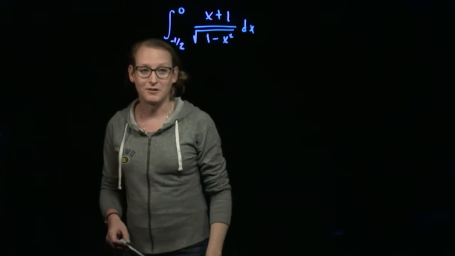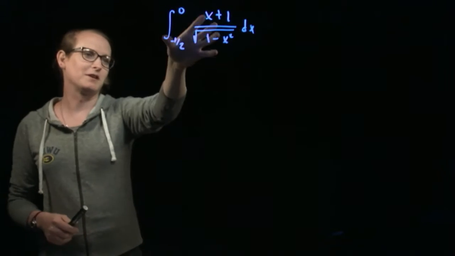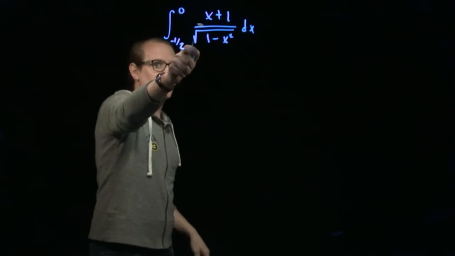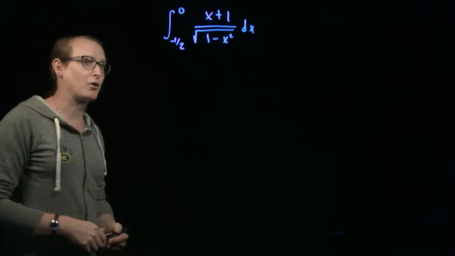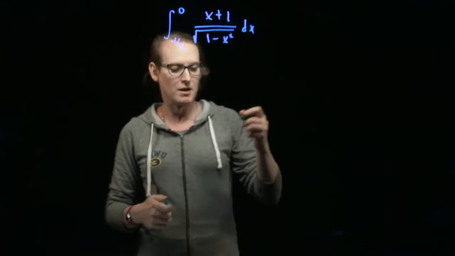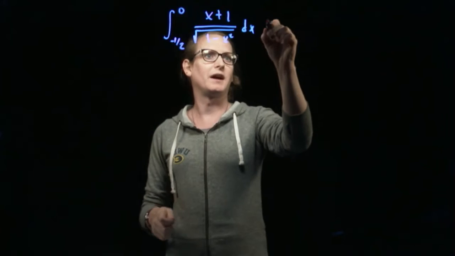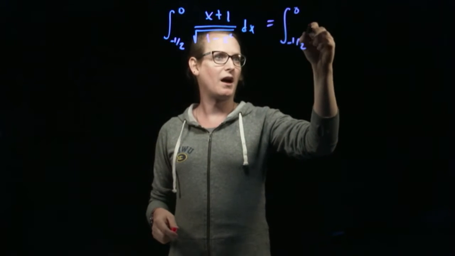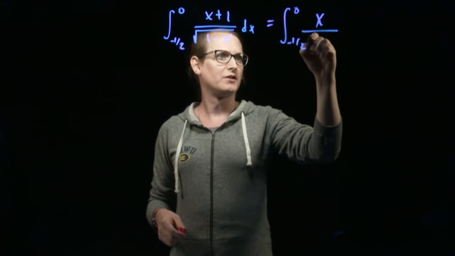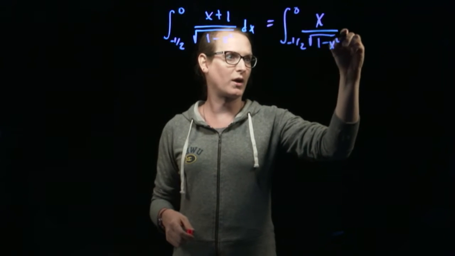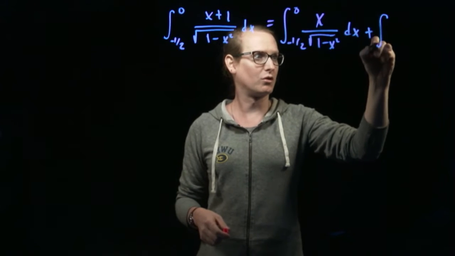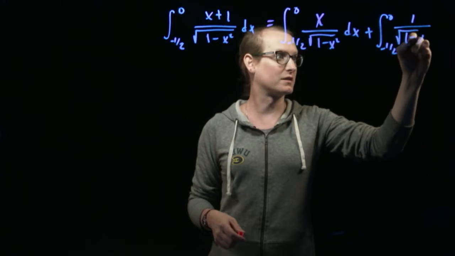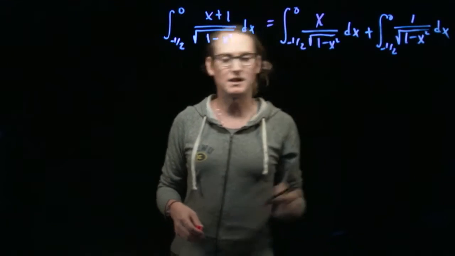you know, routine failure. So what I'm going to do is split this function up into two pieces by essentially distributing the denominator over the two summands in the numerator. So I'm going to rewrite this as the integral from -1/2 to 0 of x over the square root of 1 minus x squared dx plus the integral from -1/2 to 0 of 1 over the square root of 1 minus x squared dx.